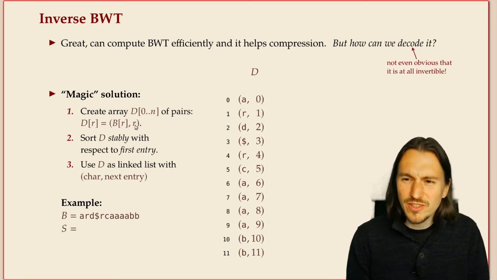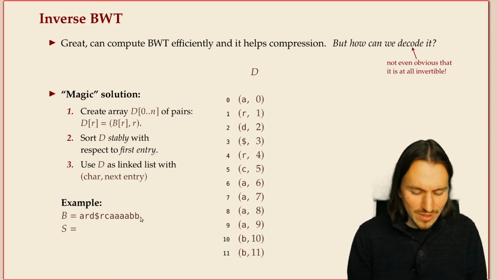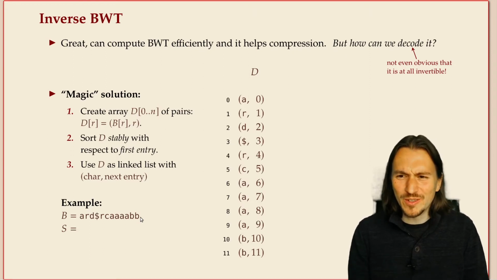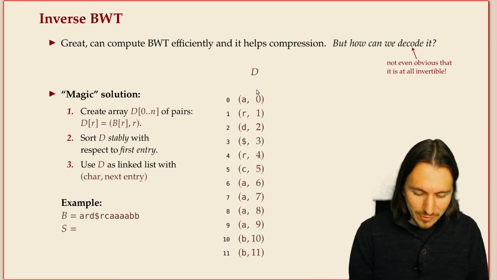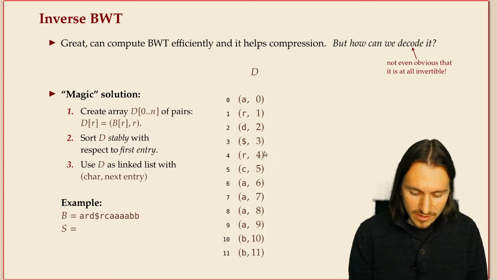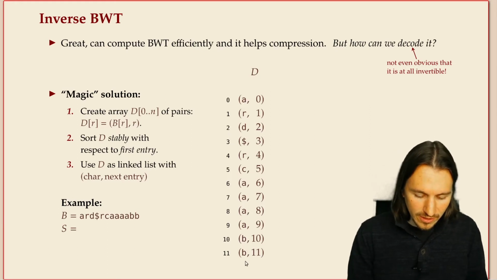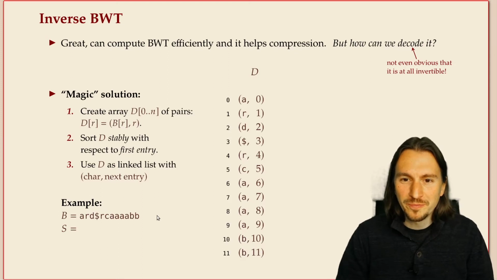And the second is just an index, so we remember where the element was in the BWT. But that's not the same as what I said before with the sorted list, because this is already sorted. This is remembering where it was in the sorted list. But here's the definition. So this is what D looks like. The second component just counts from 0 up to length minus 1. And here you can read, again, the BWT. So nothing intelligent happened so far.